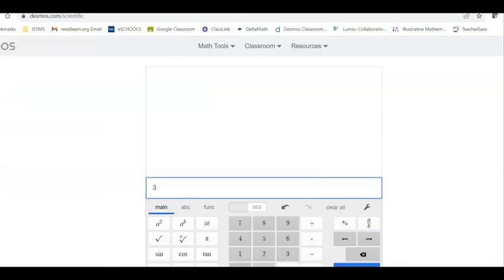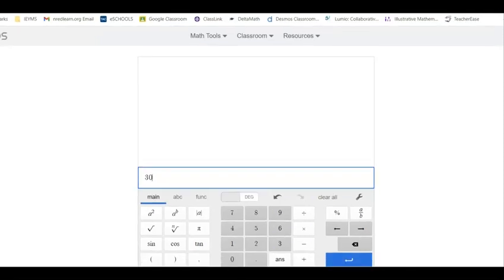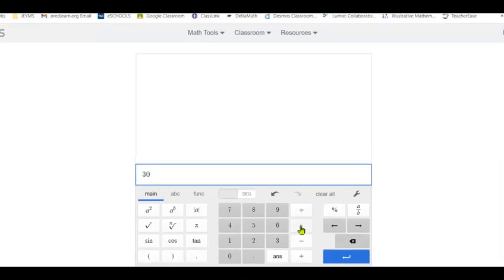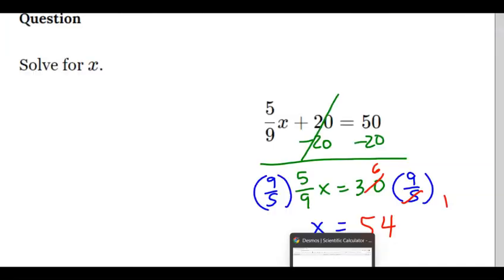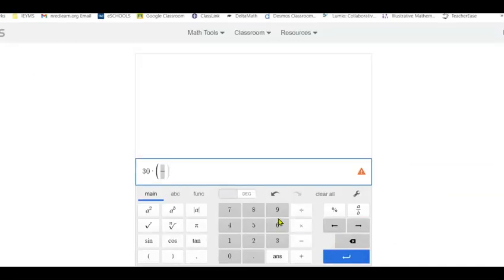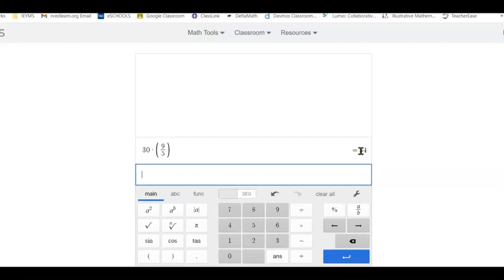And you would type 30 times 9/5. This is how you would type it on that Desmos calculator, and you can press enter, and the answer there is 54.